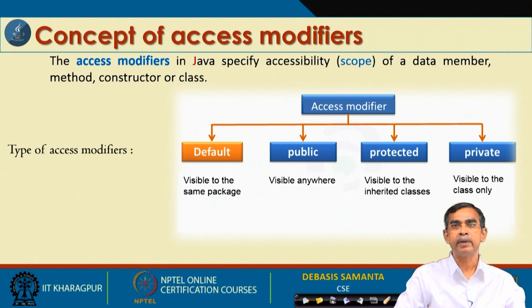On the other hand, if it is private, then that member cannot be accessed by any method other than the methods in that class itself. So, these are the 3: public, protected and private. And then there is default: if we do not use public, protected or private and just keep it blank, then the access specifier is called default.